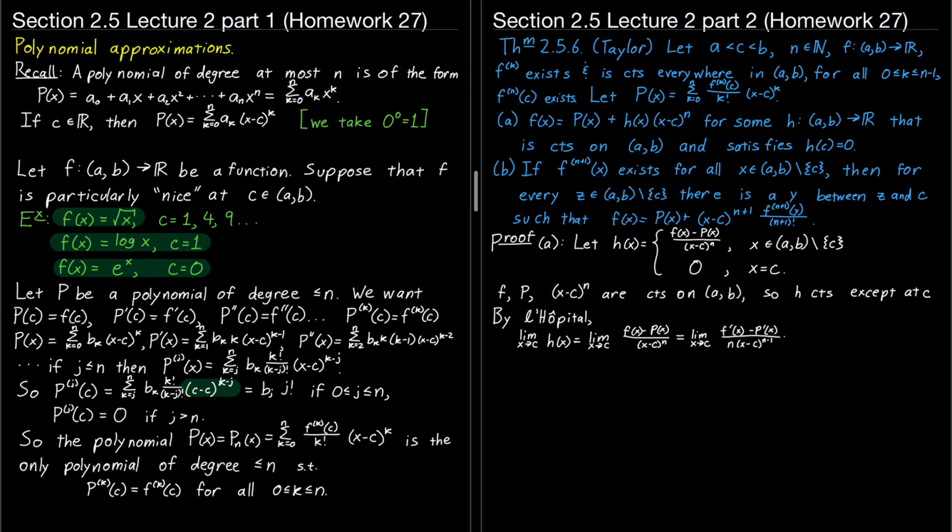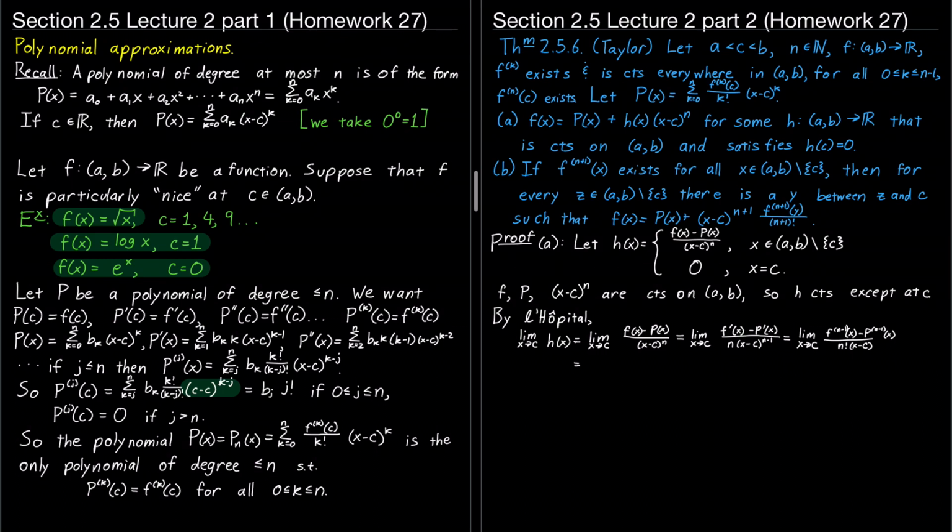We're going to keep applying L'Hopital's rule up until we get to the n minus 1 derivative. Now we could apply L'Hopital's rule one more time, but I didn't want to assume that the nth derivative of f was continuous. I suppose I could have made that assumption, but I didn't want to.